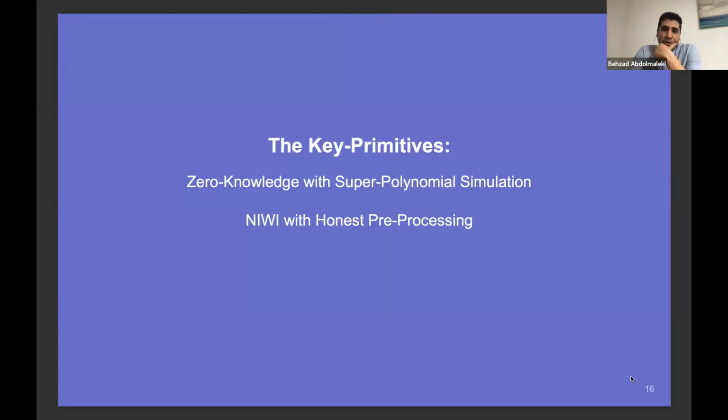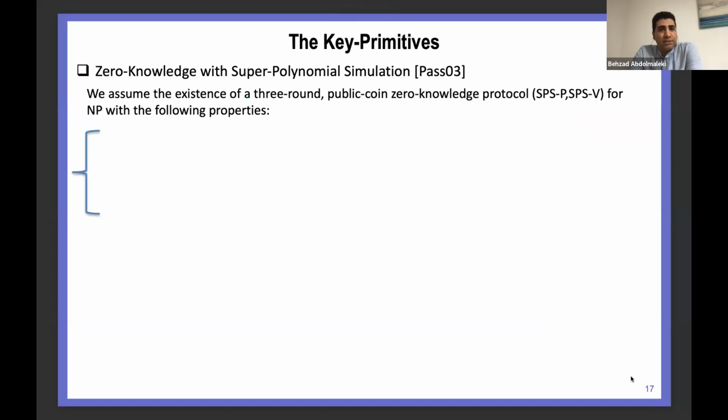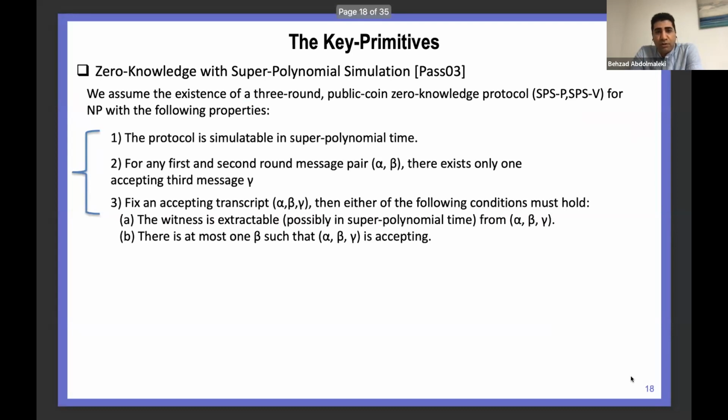Now, before instantiating and constructing such a primitive, we first quickly recall the key primitives that we will use in our construction. The first one is zero knowledge with superpolynomial simulation. For our construction, we assume that there is a 3-round public-coin zero knowledge protocol with the following properties: it is simulatable in superpolynomial time.